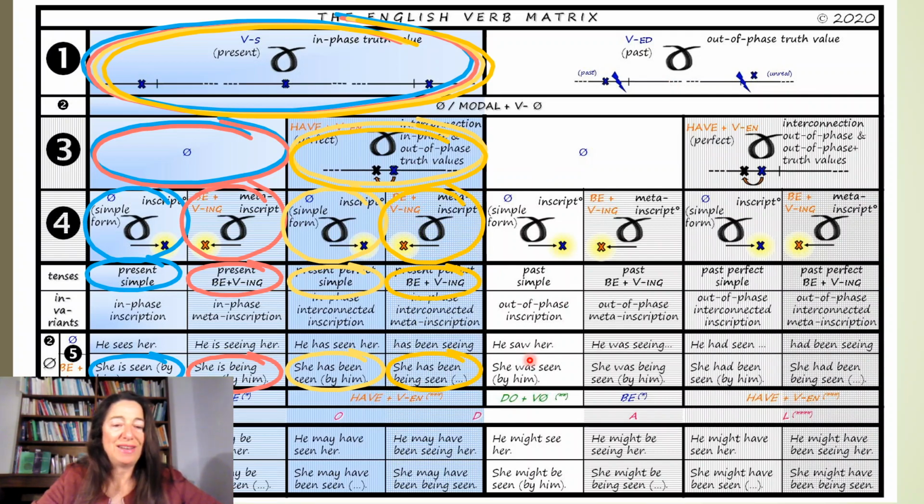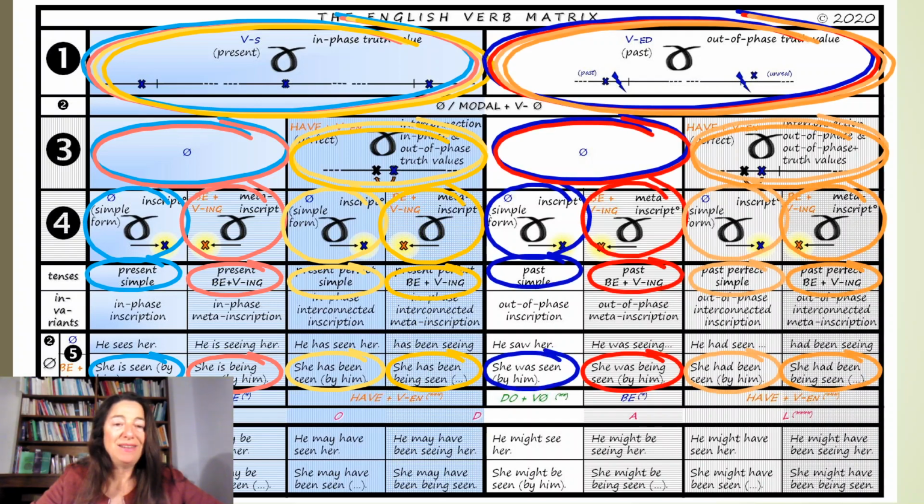So we're going to go faster and say right away that the passive voice is compatible with any of the 4 past tenses of English. That is to say, the past simple, the past B plus ing, the past perfect simple, and the past perfect B plus ing.